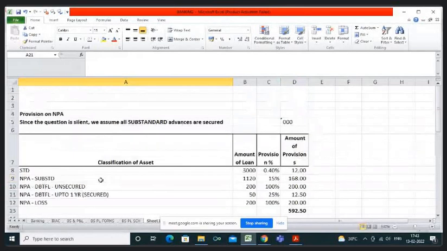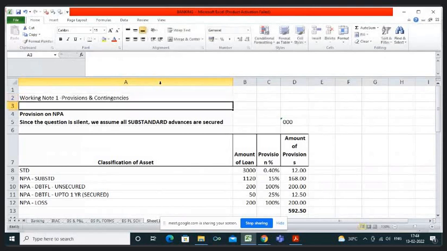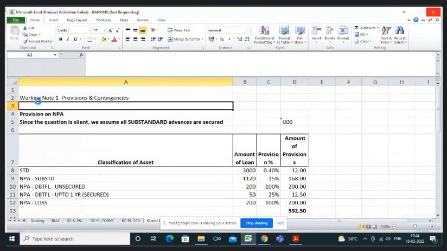Here itself you can write the working note. Working notes: provisions and contingencies. Working note number 1.